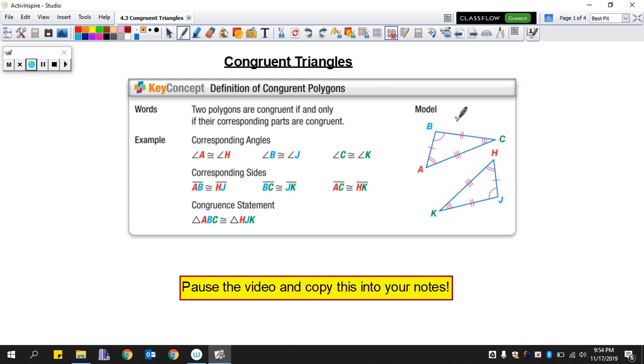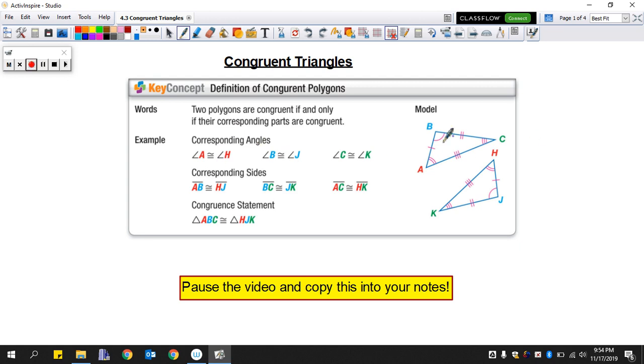Okay, so the definition of any polygon that is congruent is that two polygons are congruent if and only if all of their corresponding parts are congruent. So for example, if we're talking about two triangles, it means that their corresponding angles are congruent.